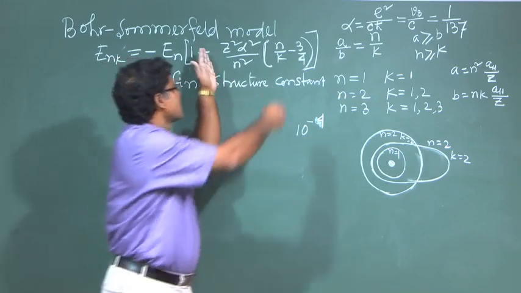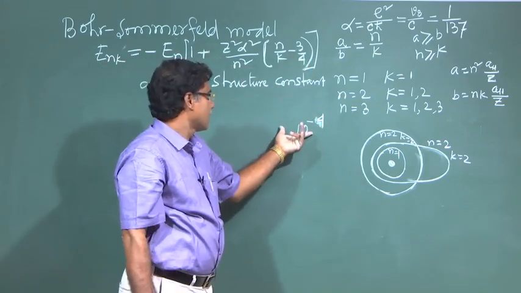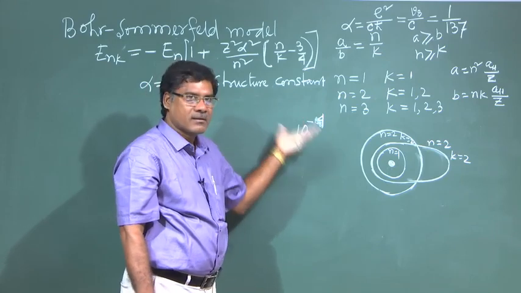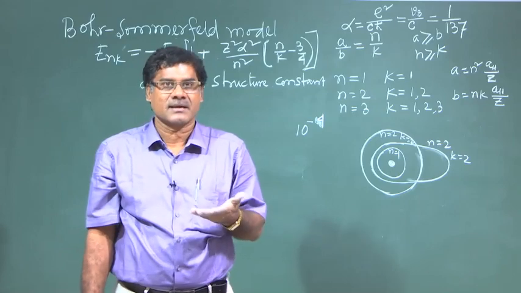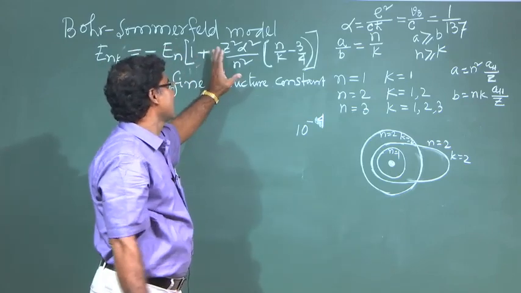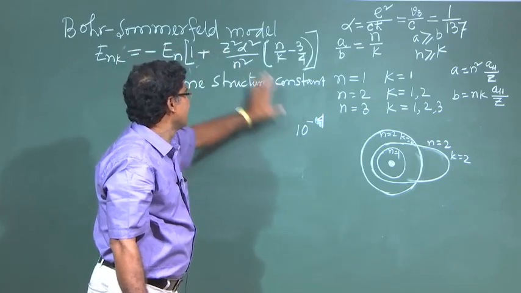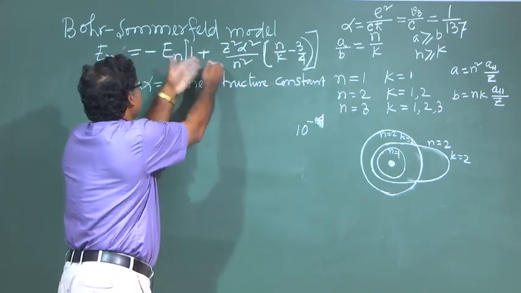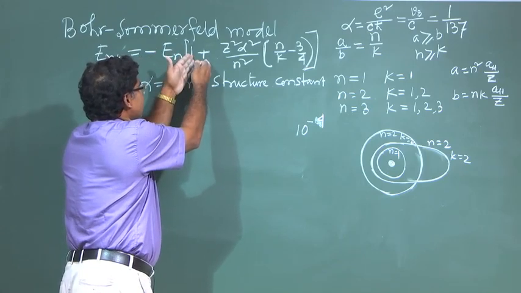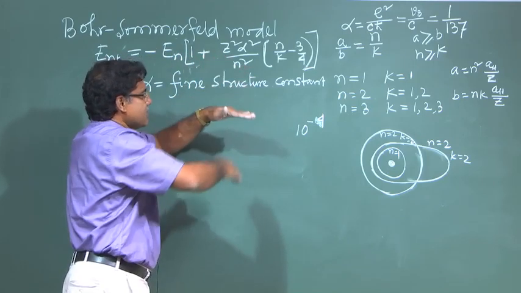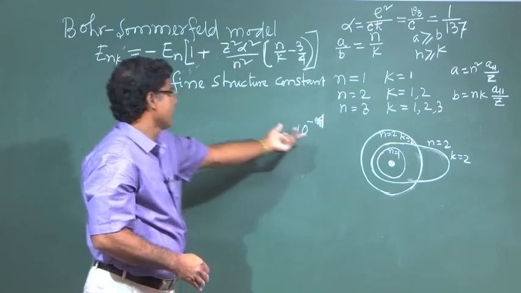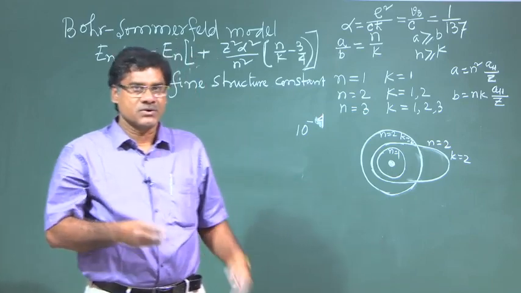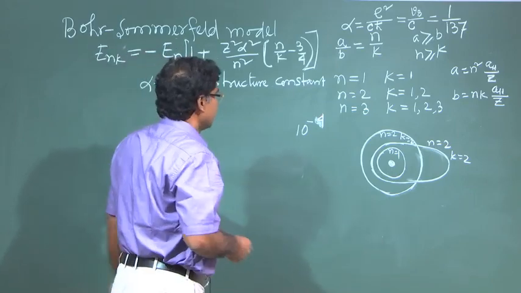So this contribution is 1/10,000th times the original energy. That increase or decrease will be by a factor of 10 to the power minus 4.